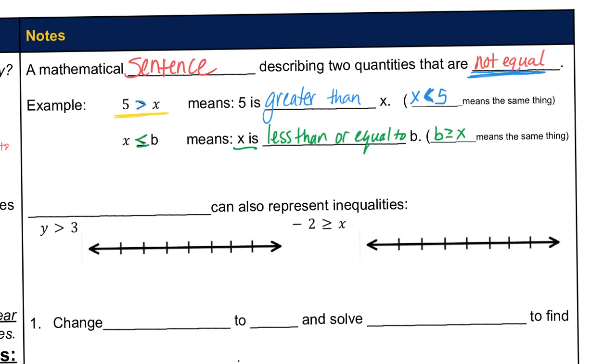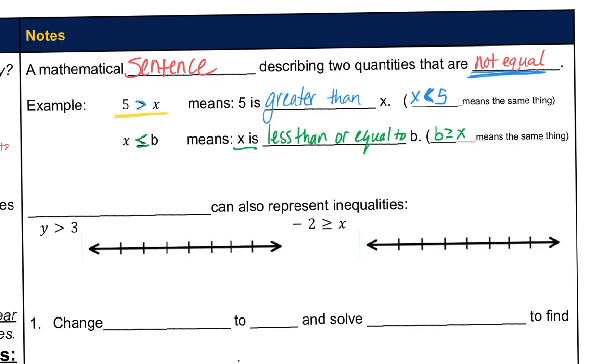It's just backwards, so of course I have to do the letters backwards, as well as the statement would say greater than or equal to x. So that's important. If we were asking you to write an answer, you could write it this way or you could write it this way, and you'd get both of them correct. They both would mean the same thing.